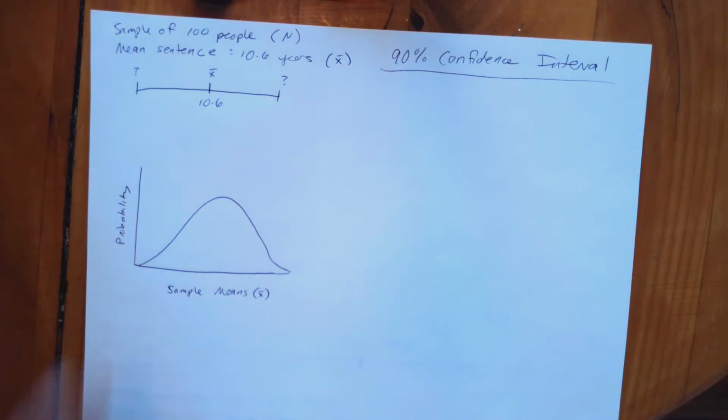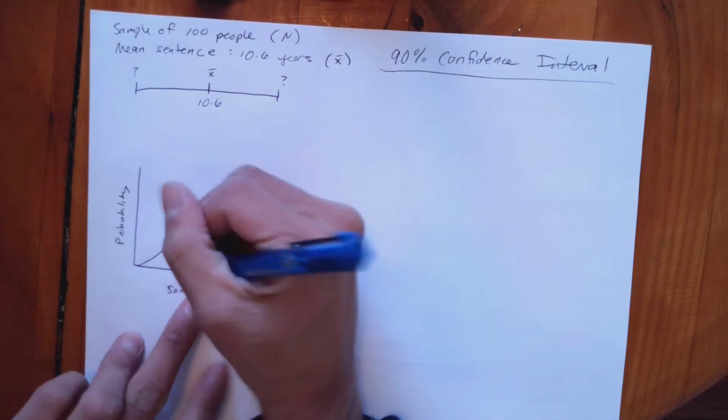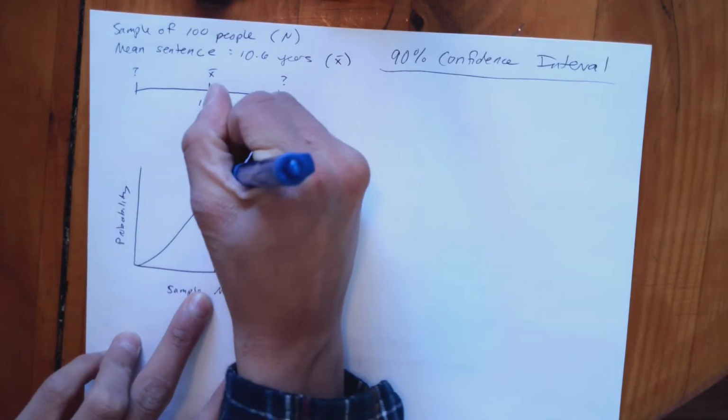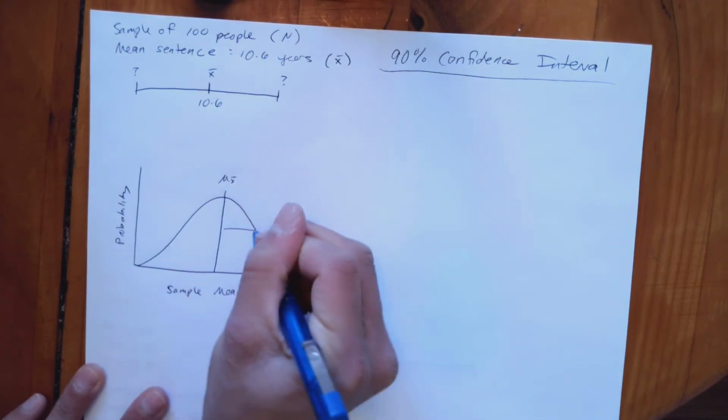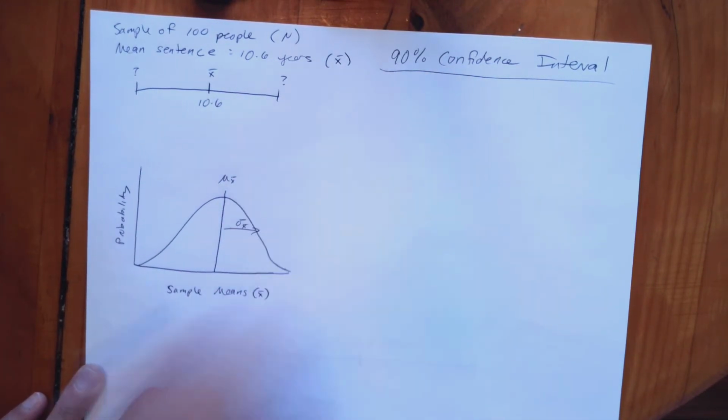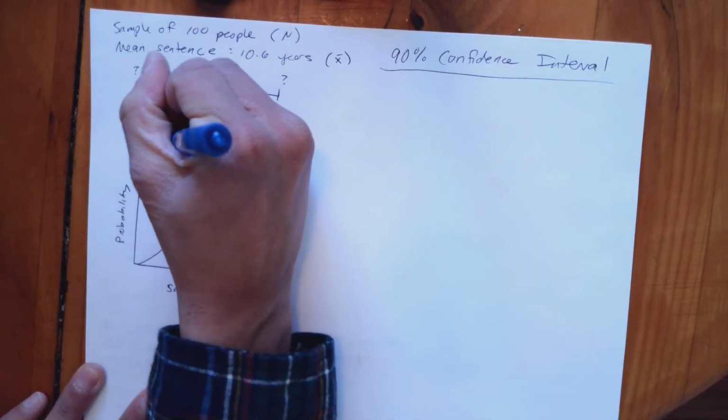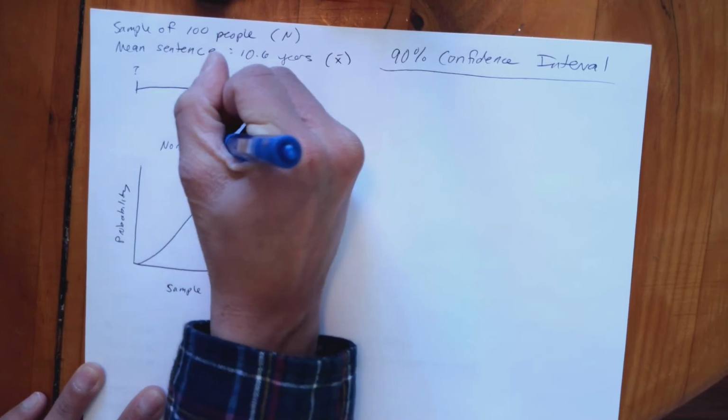And we said that when we have a sample of 30 or more, our sampling distribution is going to be normally distributed like this. So it's going to have an overall mean of sample means and then some standard deviation for sample means. So this here is just a normal sampling distribution.